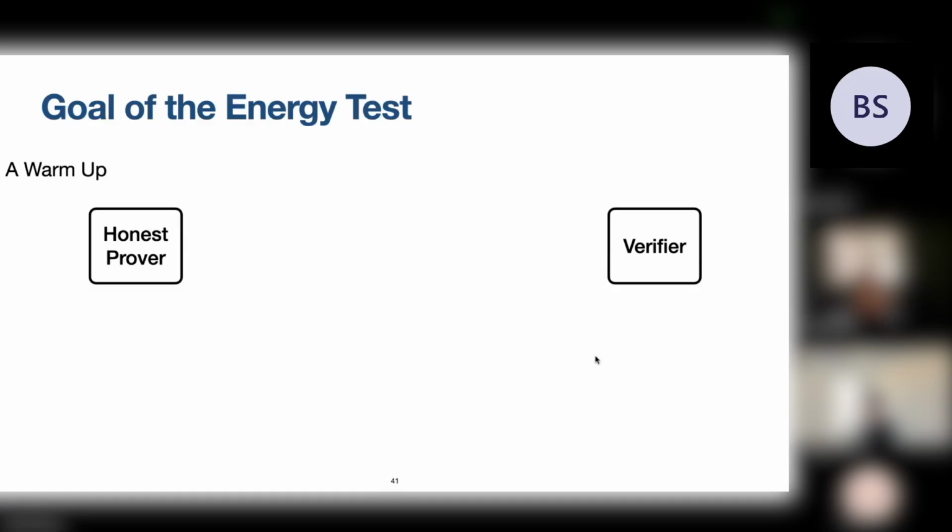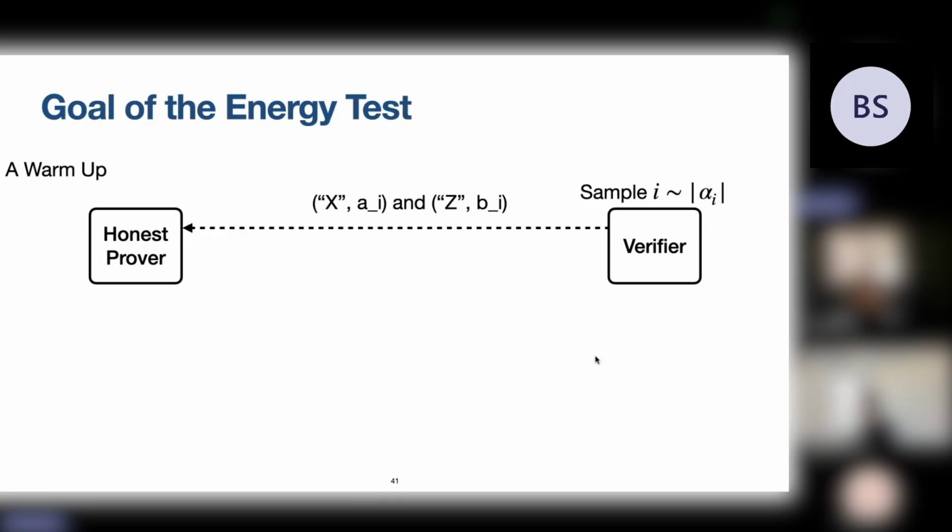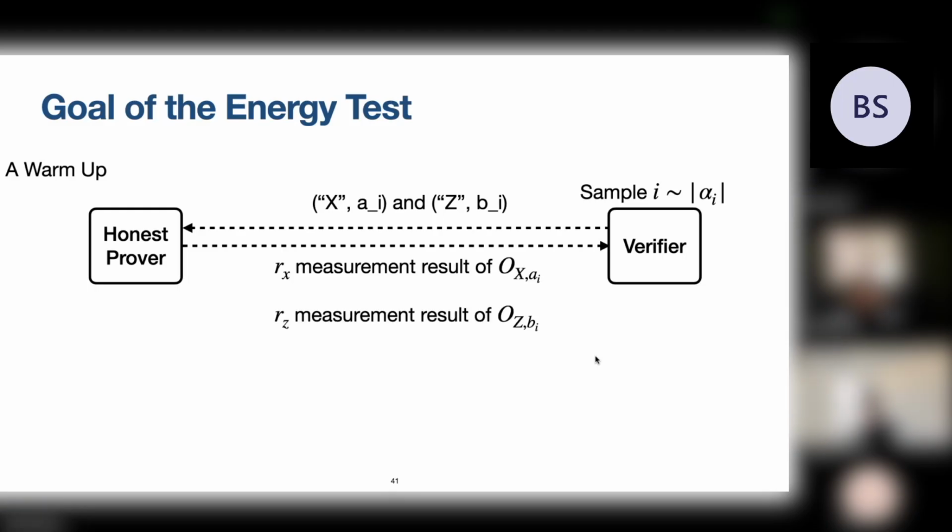Okay. And for the energy test, it's just the verifier samples a term in this XZ Hamiltonian and sends XA and ZB to the prover. And then the prover sends you two measurement results back.